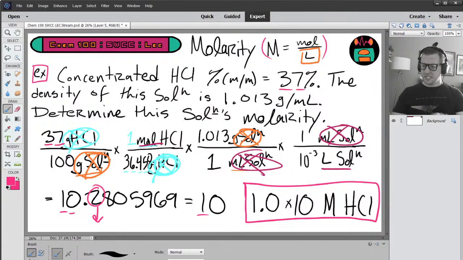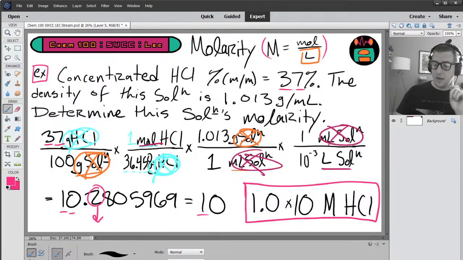Again, we did a problem similar to this last week, converting from percent mass to percent mass to volume. And this was similar, where we were just manipulating our initial concentration unit to change the units to find its concentration in a different unit. In this case, percent mass converted to molarity.